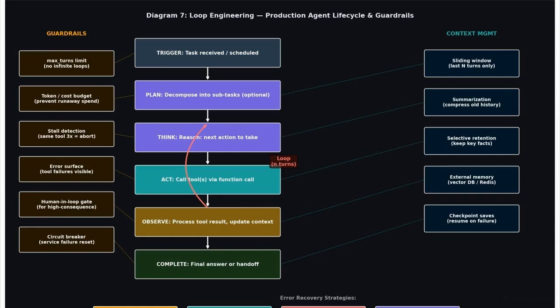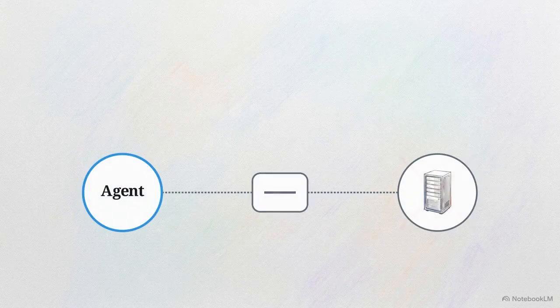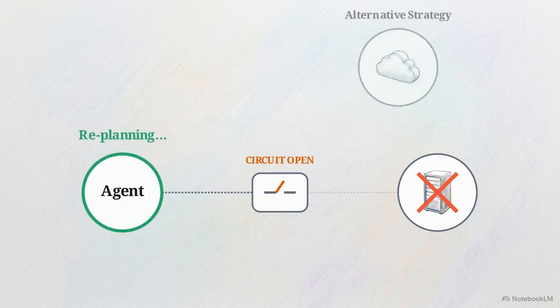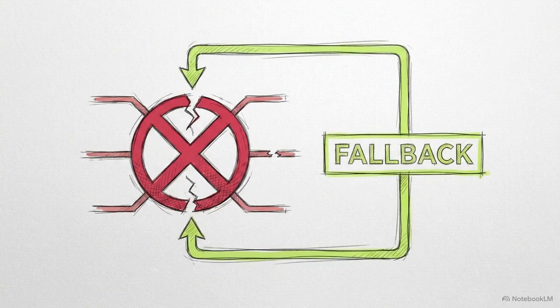Finally, the bottom row details error recovery patterns to handle inevitable tool and API failures. If a service goes down, a naive loop will continuously try to call it. A circuit breaker pattern detects 3 consecutive failures and actively stops the agent from hammering the broken API, forcing it to replan. An enterprise-grade agent is defined not by its successful runs, but entirely by how gracefully it handles these external failures.